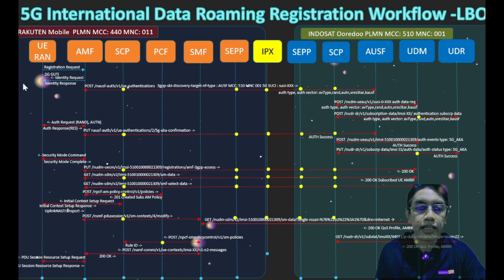So for the sample here, we want to see in the traces the call flow for this UE authentication data requests from the access mobility function in the visited PLMN to the authentication server function in the home PLMN, which is Indosat PLMN.